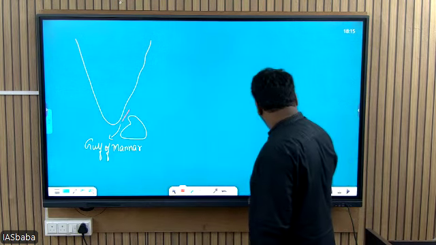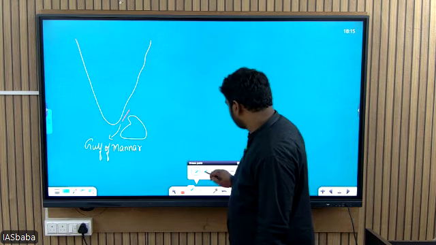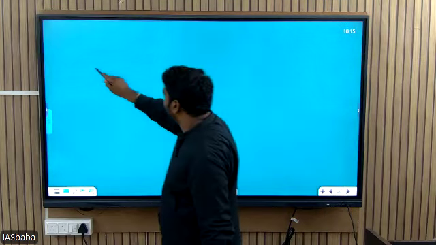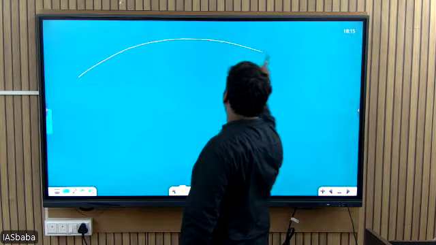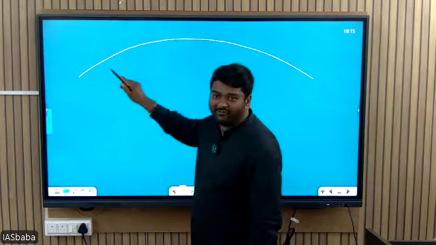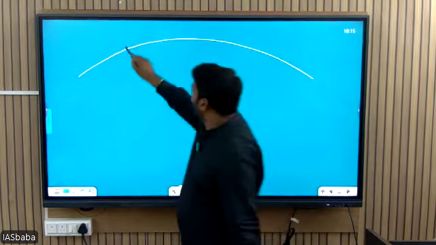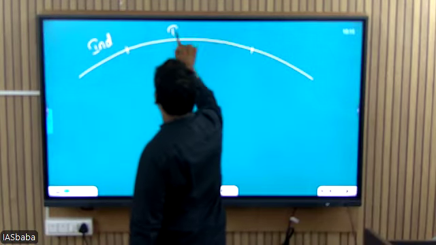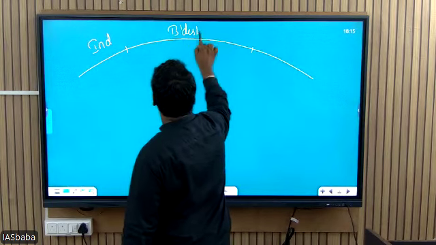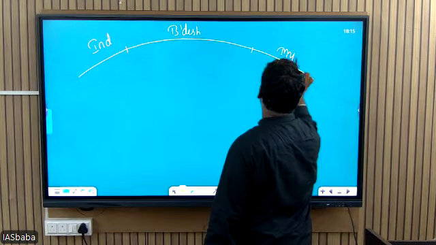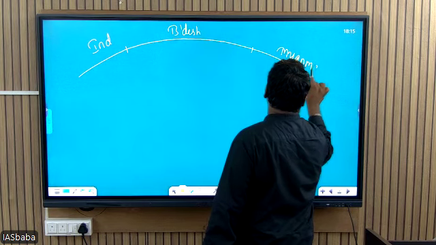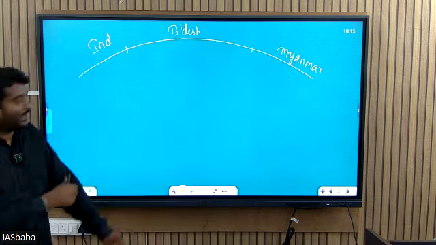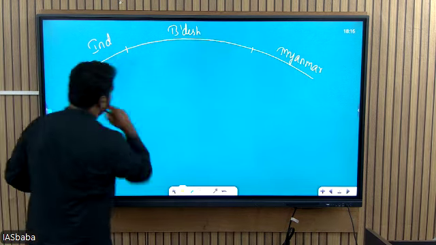Now, another issue is with respect to Bangladesh. If you consider the Bay of Bengal, India, Bangladesh, and Myanmar. Bangladesh faced a unique problem. Now what happened?